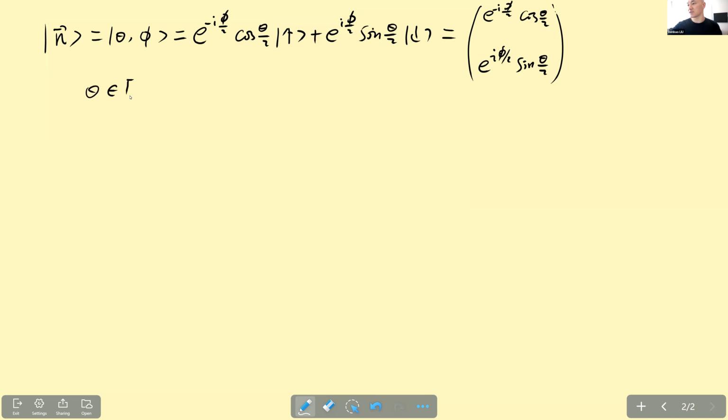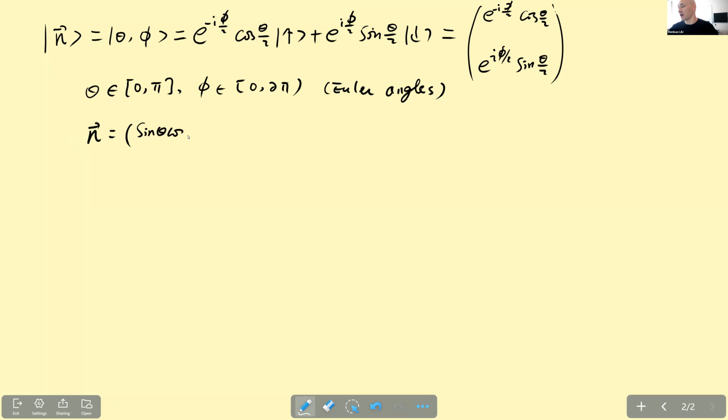Theta takes values from 0 to pi, and phi takes values from 0 to 2 pi. They are just Euler angles, and m is the direction corresponding to these Euler angles. So it's sine theta cosine phi for the x component, sine theta sine phi for the y component, and cosine theta.